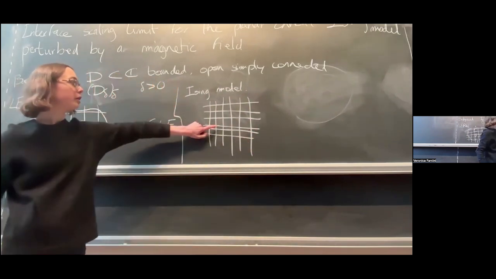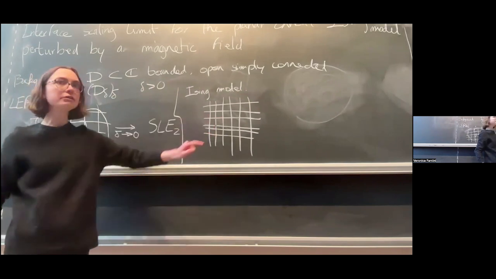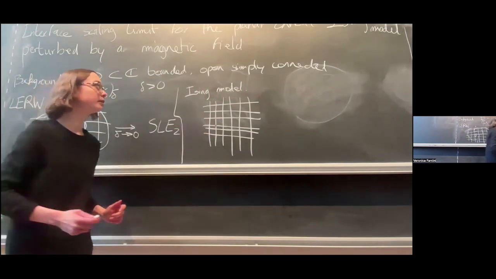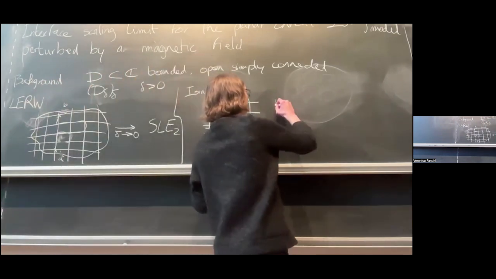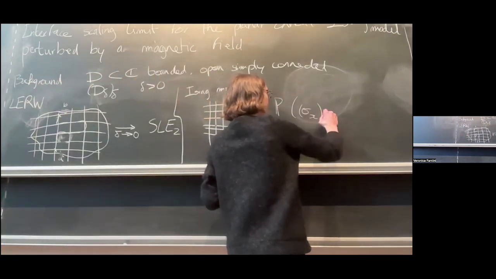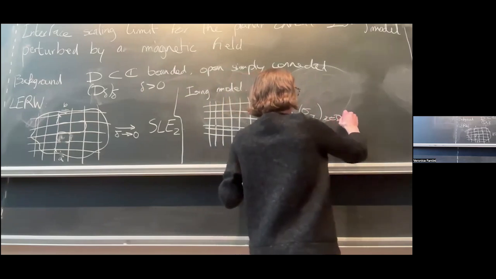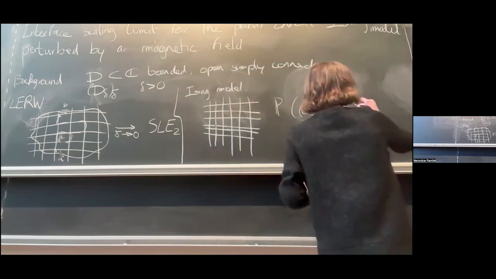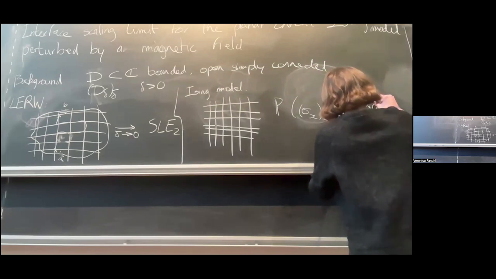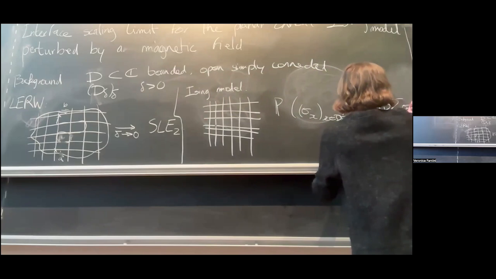Now on each vertex of the graph, you have a spin that takes value +1 or -1. For a given spin collection, the probability of such a configuration is proportional to the exponential of beta times an interaction term.